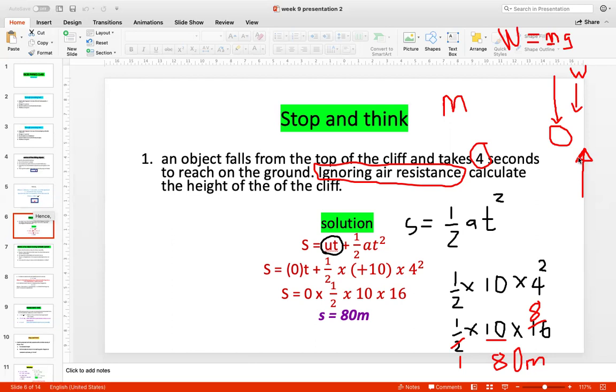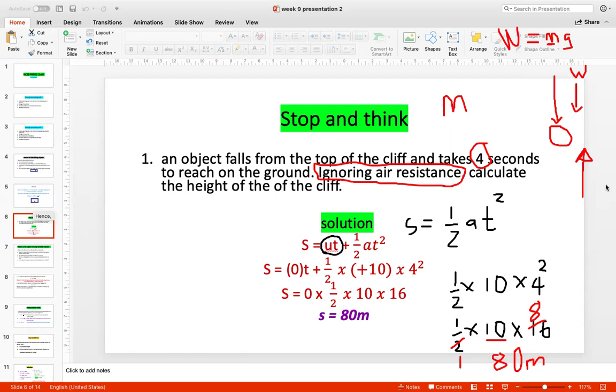Now, as the object falls, the velocity downward increases, as well as the air resistance increases. I'll give you this example. When you are running slowly, the air resistance, you might not even feel it. But when you're driving or riding a bike at a very fast speed, you experience more of the air resistance.